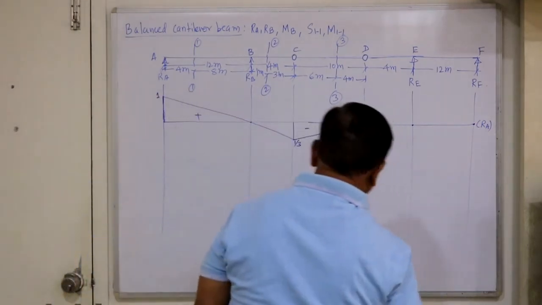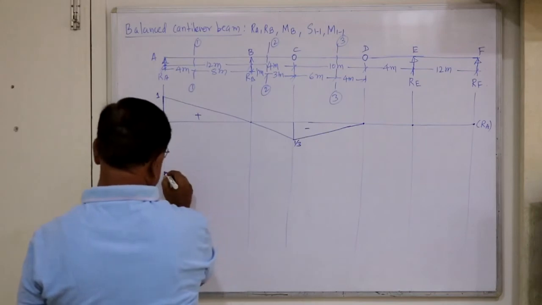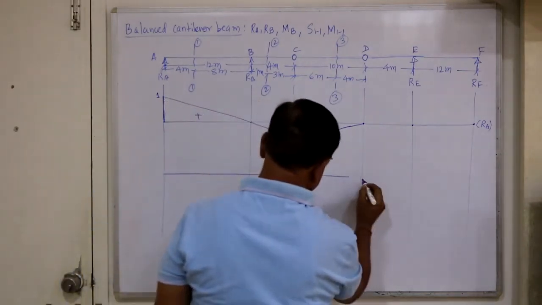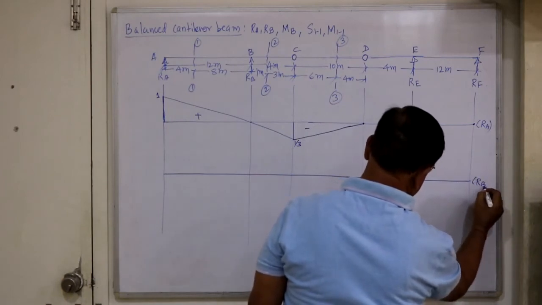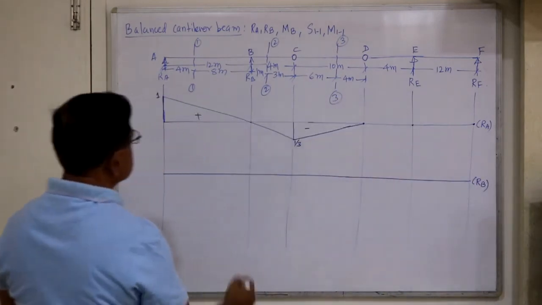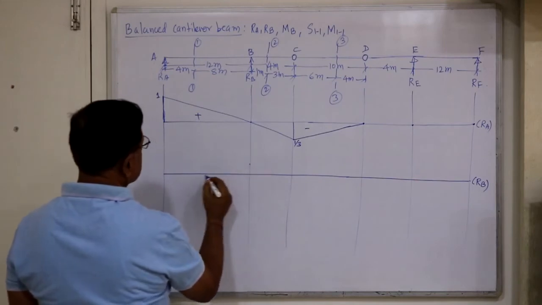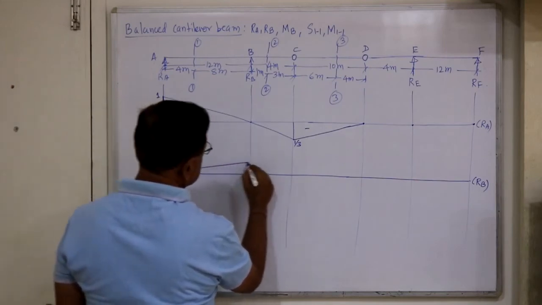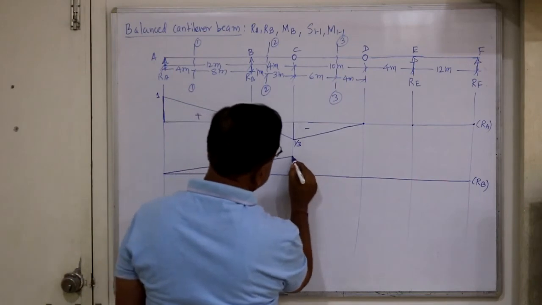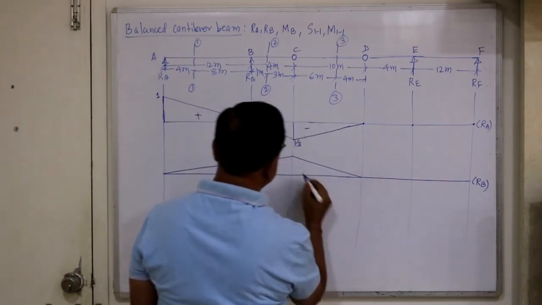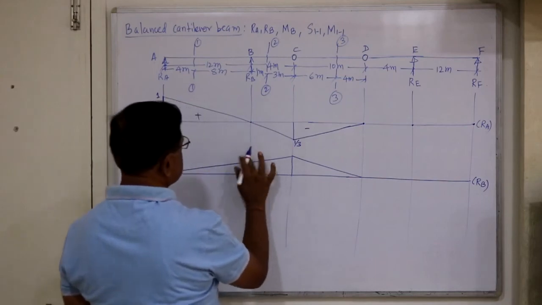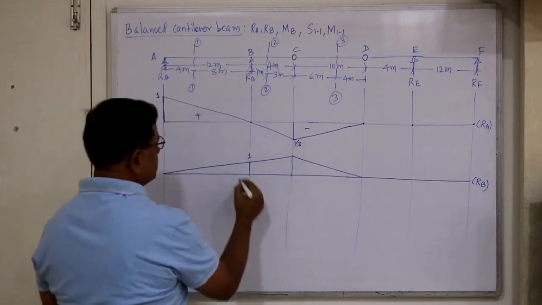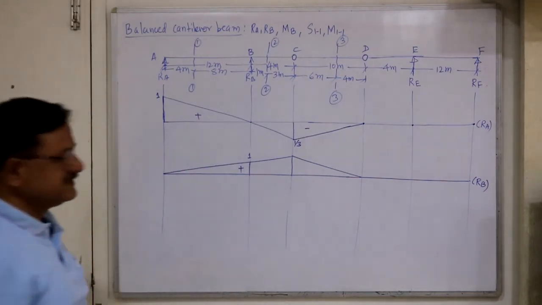Next, let's consider RB, the ILD for RB. RB means here it is 1. So that means continue up to the hinge, then the next hinge is here. So this ordinate we have to find out. Given the ordinate unit is here, so for RB it is positive.